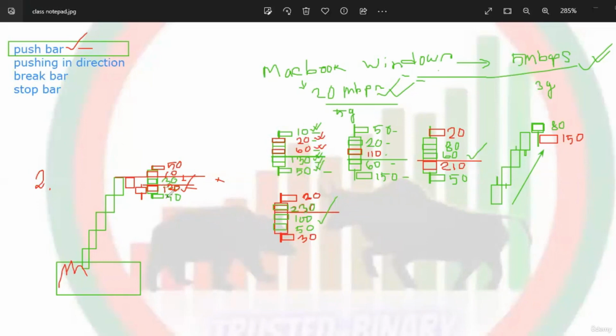Suppose in this area it is 10 by the buyer side. You are telling about the buyer side, am I right? Yes. The volume is now 10 here by the buyer side. Here also by the buyer side, it is only 20.